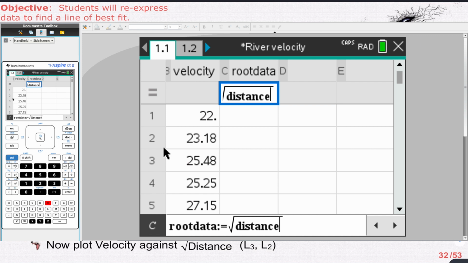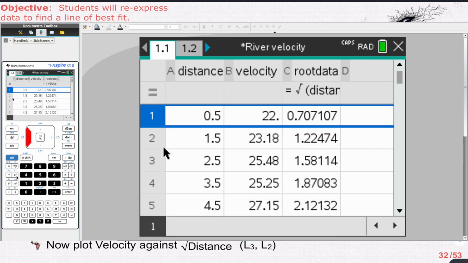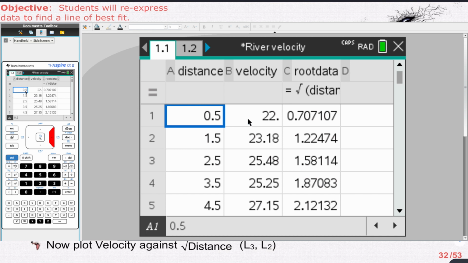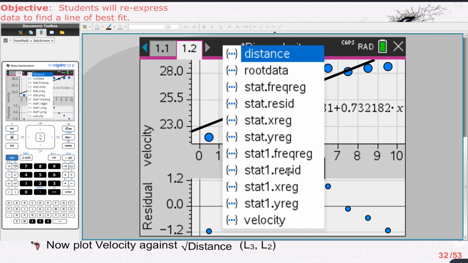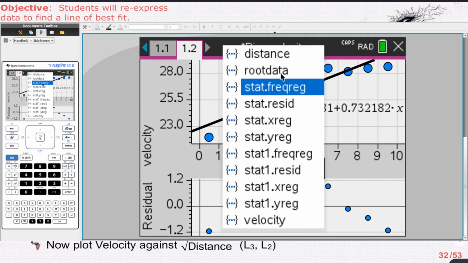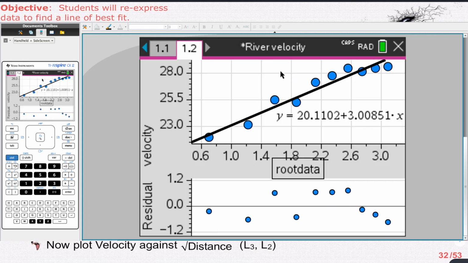Since I already have distance, it's going to take everything that was in column A and take the square root of those values. So this is going down the ladder on the x's. And now if I switch over to my graph, all I want to do is switch from distance to root distance. And now I can see the linearization of my plot in real time.